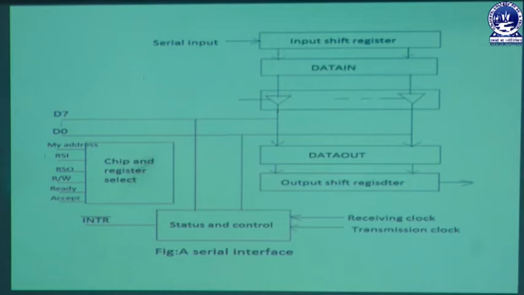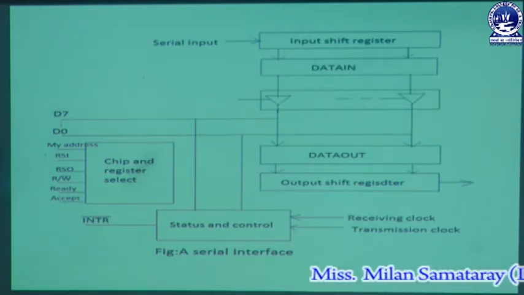And the control I have already discussed: when the data transfer takes place, whether the operation is a read operation or a write operation, or an interrupt operation, any type of instruction, that control has to be given to the device. That's why here is our interrupt request line, so an interrupt can also be provided in between the data transfer.